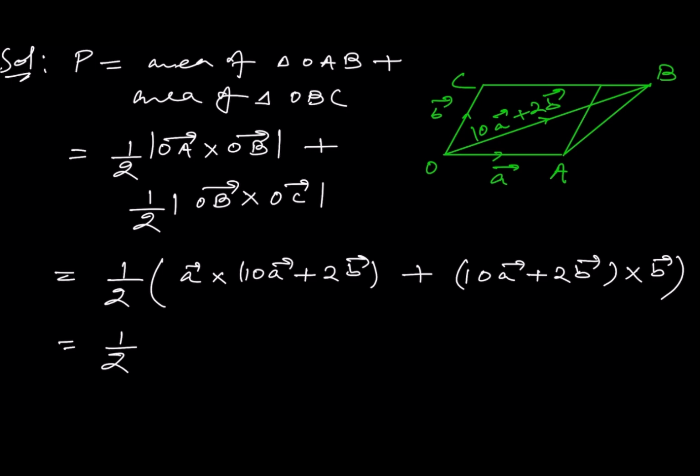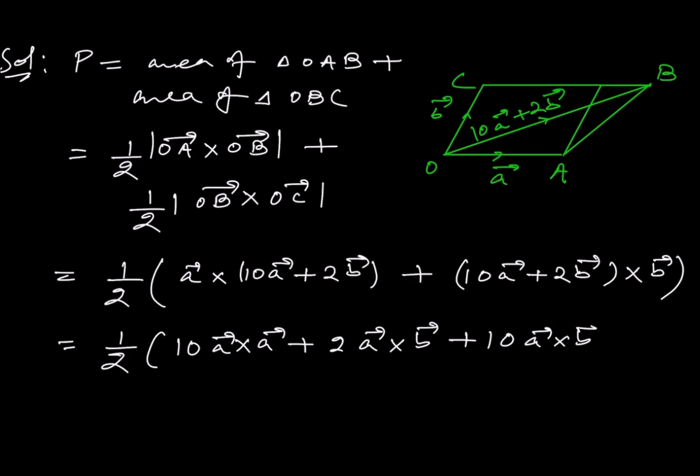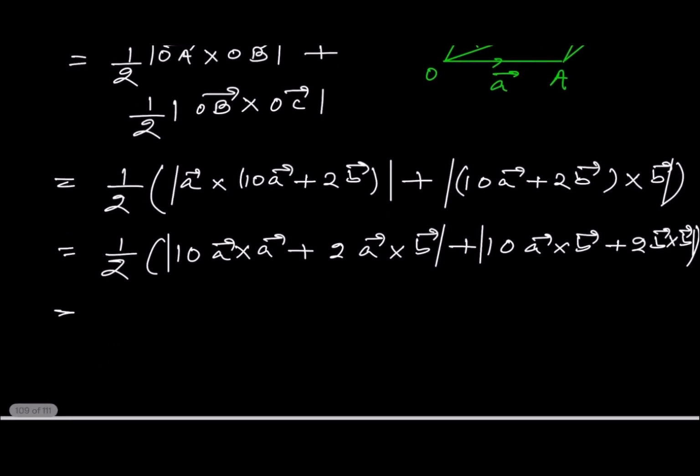Now simplify this. 10 times A cross A plus 2 times A cross B plus 10 times A cross B plus 2 times B cross B. Okay, and this is in mod. Now A cross A is 0.